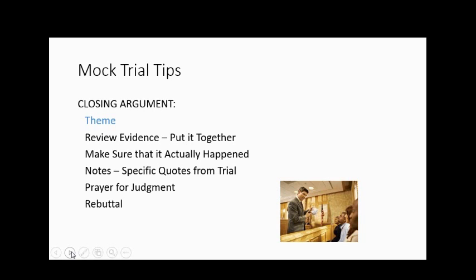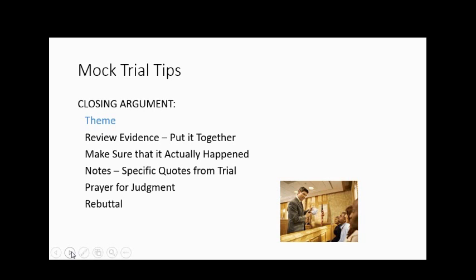Whoever's delivering your closing needs to make sure they're paying attention to every single part of a trial, because you never know when a witness is going to forget to say something they were planning on using in their close, or evidence just doesn't come in quite the way they thought, and they need to adjust their closing argument to make sure it is in line with the testimony as it came in that particular trial.